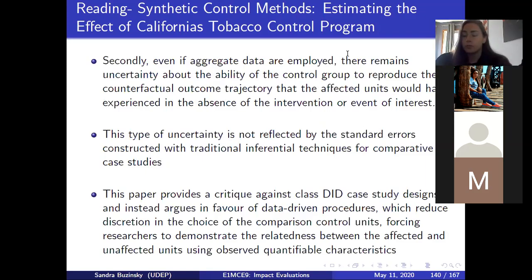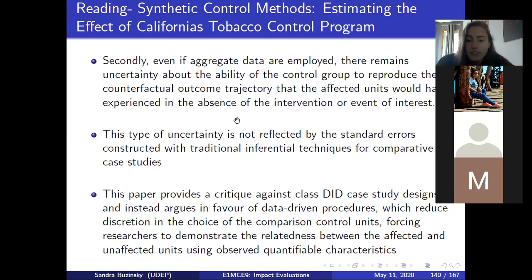Is our control group similar enough to our treatment group that they can actually predict the counterfactual? That's the big question when you're looking at causality as an economist. How is your counterfactual good enough? If not, obviously your results are going to be biased and you can't trust whatever estimates you find. So it's really important to know.